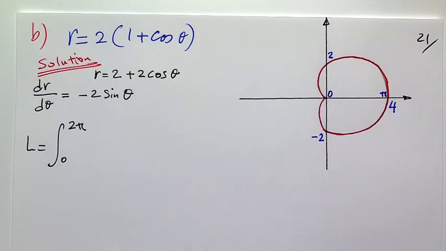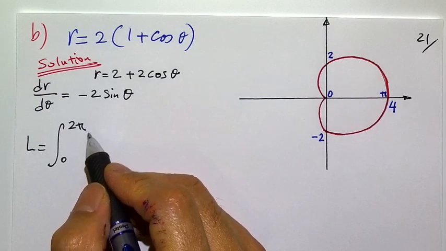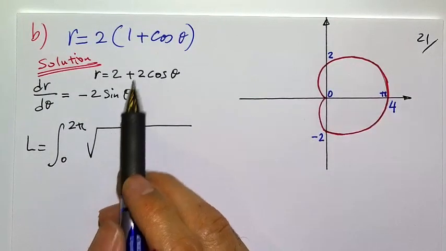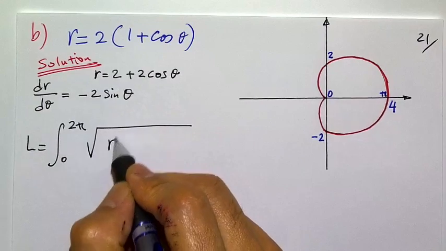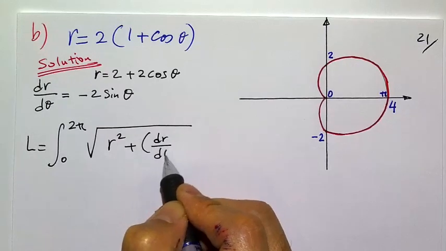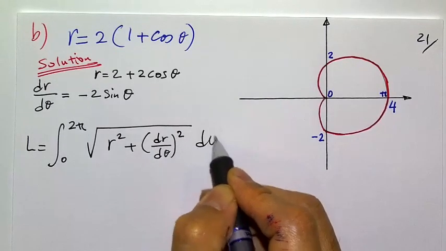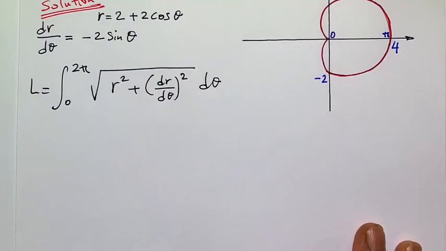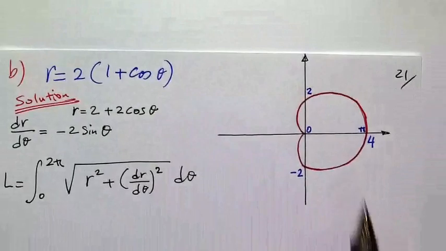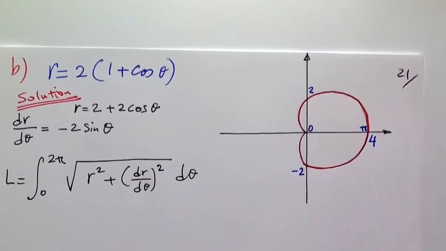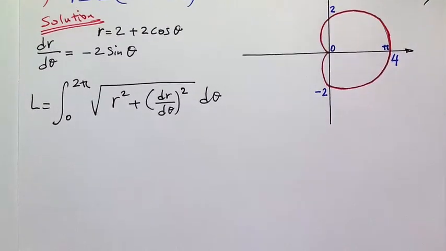Okay, there's no 1/2 in this formula. For 1 second I thought there is a 1/2. There is not. So square root of r squared. Well, I'll just write the formula first. r squared plus dr d theta squared d theta, right? Now, that's going from 0 to 2 pi, right? Counterclockwise.